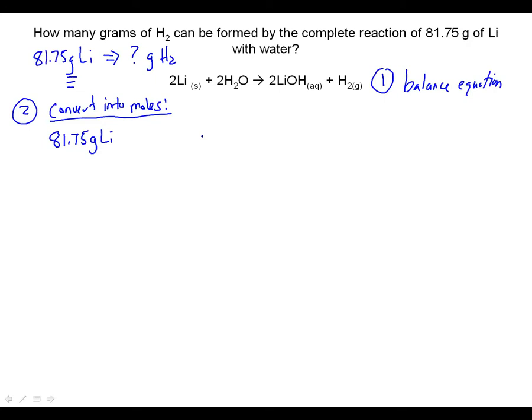So we need to go to the periodic table and find the molar mass of lithium, which is the number that you see on the bottom, which in the case of lithium is 6.941. So what that means is that molar mass of lithium, you could use the molar mass like a conversion factor.